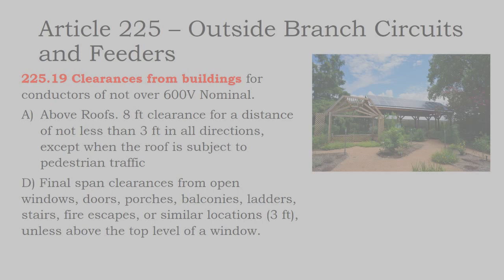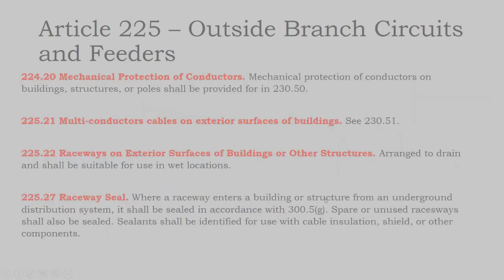It's only on that top span at the very top of the unit where you can get closer to the window, to stay just on the top edge of presumably an inaccessible rooftop. So the final span, you have to stay 3 feet away from your windows and porches and balconies and ladders, unless you're at the top level of the home, at which point you can just go above the window, between the window and the top of the building wall.